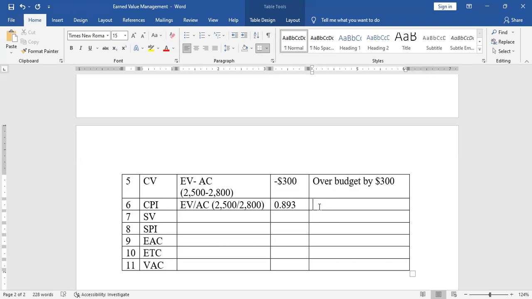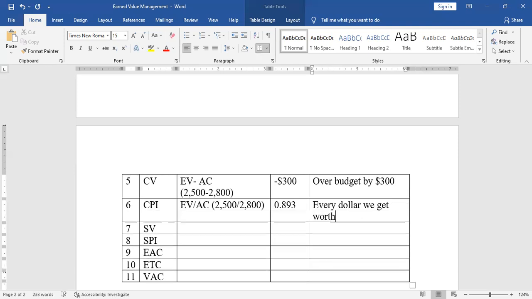So it simply means that for every dollar we spend, meaning $1 we spend, we get work worth 0.893, or for every dollar that you spend, you're getting work worth 89 cents.